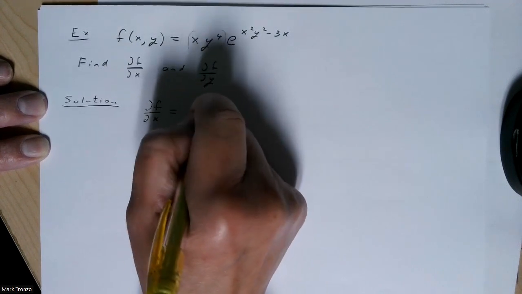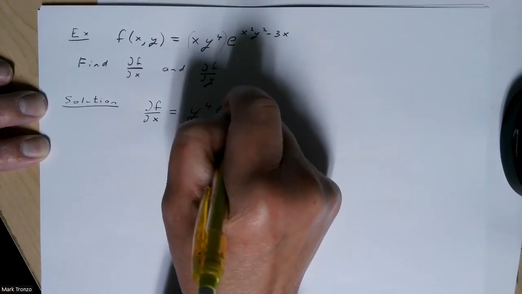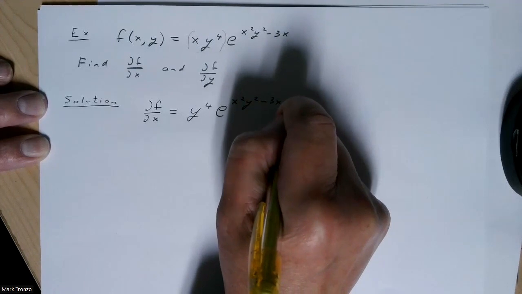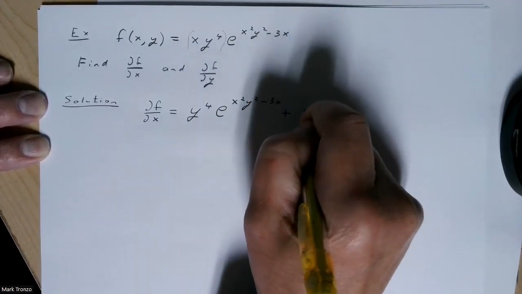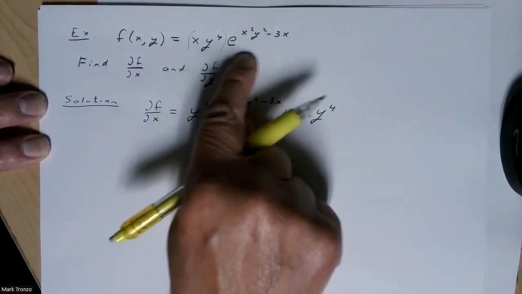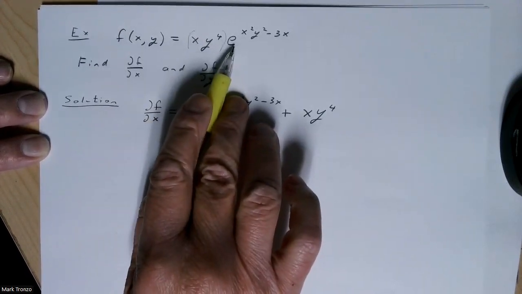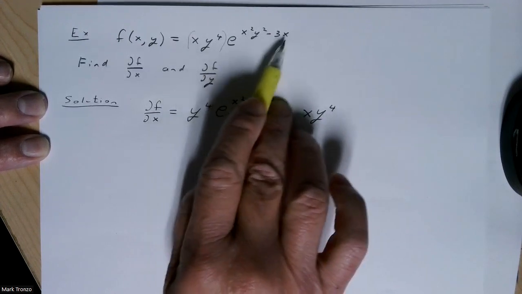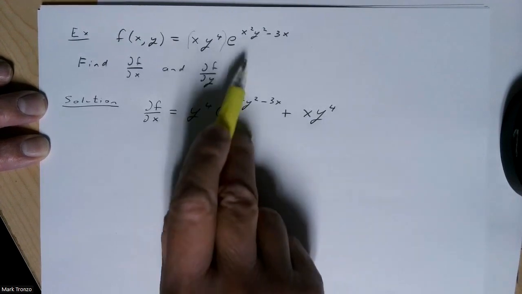So the derivative of the first times the second function plus the first times the derivative of this function. And now this one, of course, is going to be e to this times the derivative of this exponent. So I don't know which order you want to put them in.